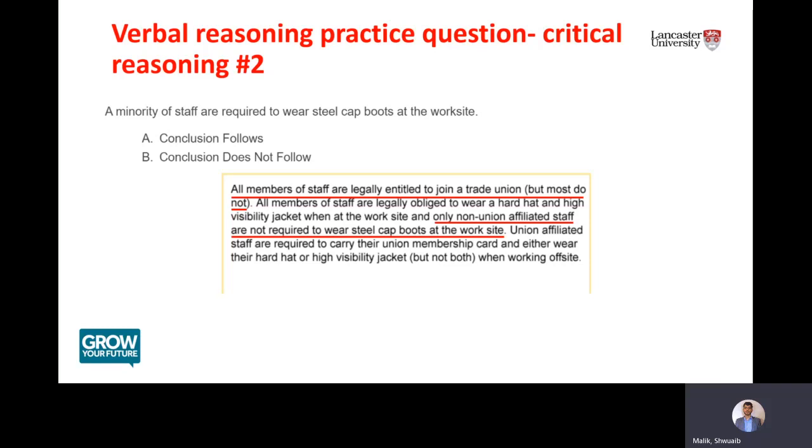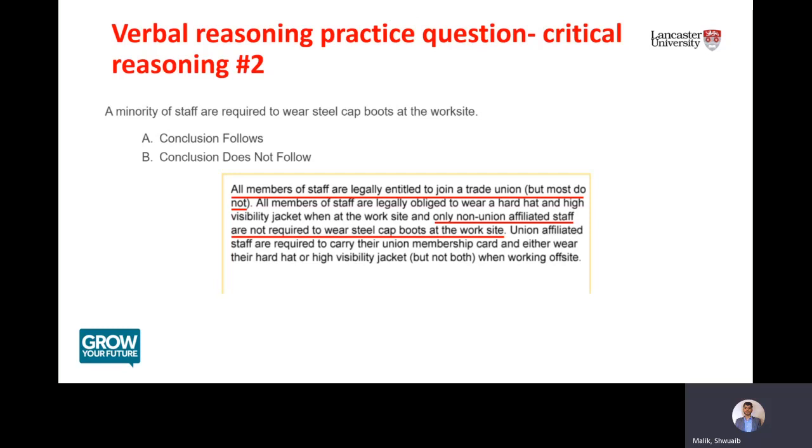So it's a bit of a mouthful, and it's probably deliberately like that for you to simplify it yourself. But what this is saying essentially is those who are not part of a trade union don't have to wear steel cap boots. Therefore, those that are part of a trade union have to wear steel cap boots.